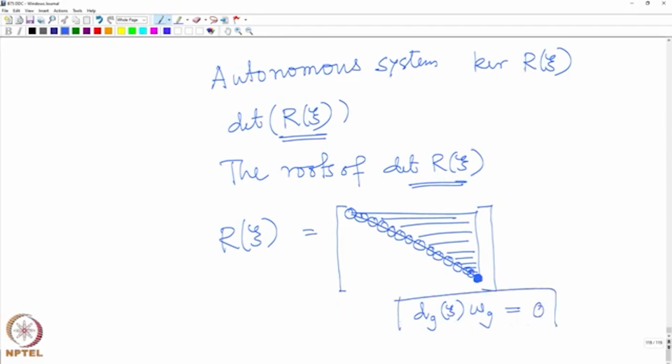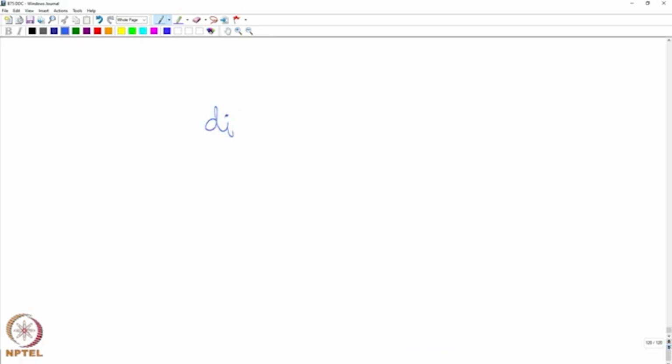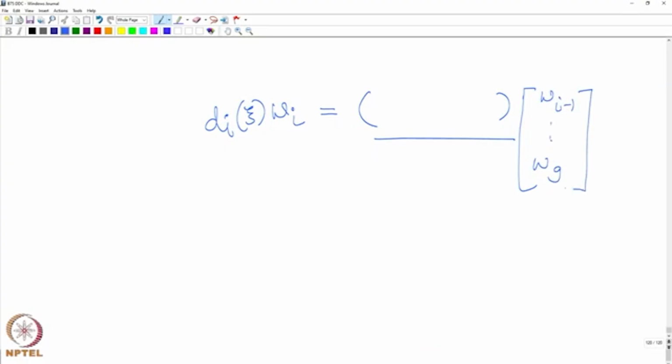What are the solutions of this? The solutions are given by the roots, e to the power lambda t, where lambda is the root of this d_g(ξ). And likewise when we do this back substitution, each time the ith variable satisfies the equation d_i w_i equal to some linear combination, or some polynomial differential operator, acting on the other variables w_{i+1} up to w_g.